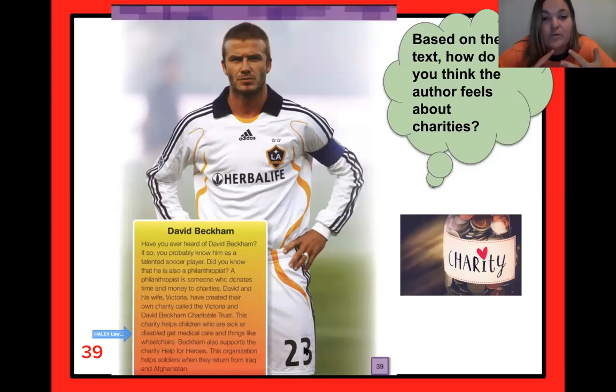So far from reading this text today, how do you think the author feels about charities? She took time on this page to highlight David Beckham and all of the things he does with charities. So I think the author thinks they are worthwhile and important.